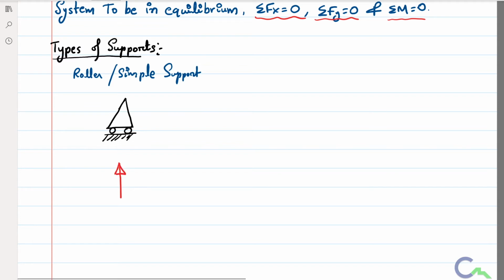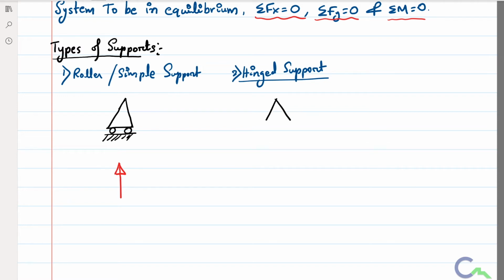The second type of support is hinged support or pinned support. It will be represented like this. There are two types of reaction, one is vertical, and one more is horizontal.